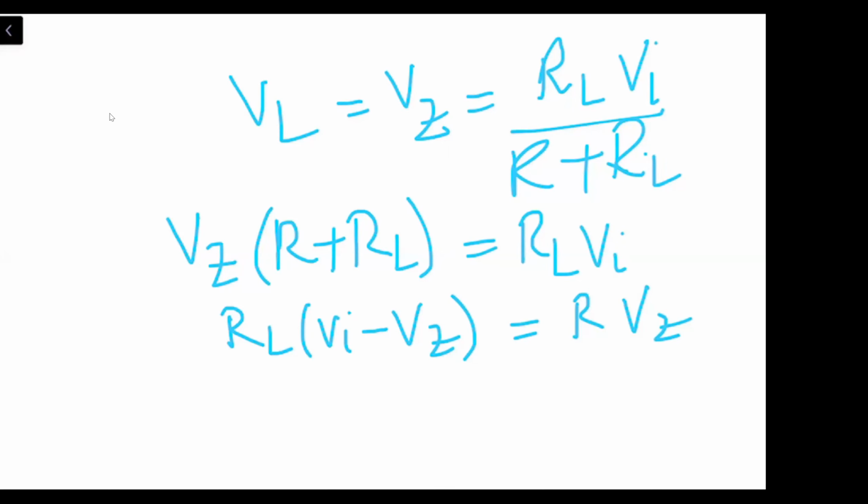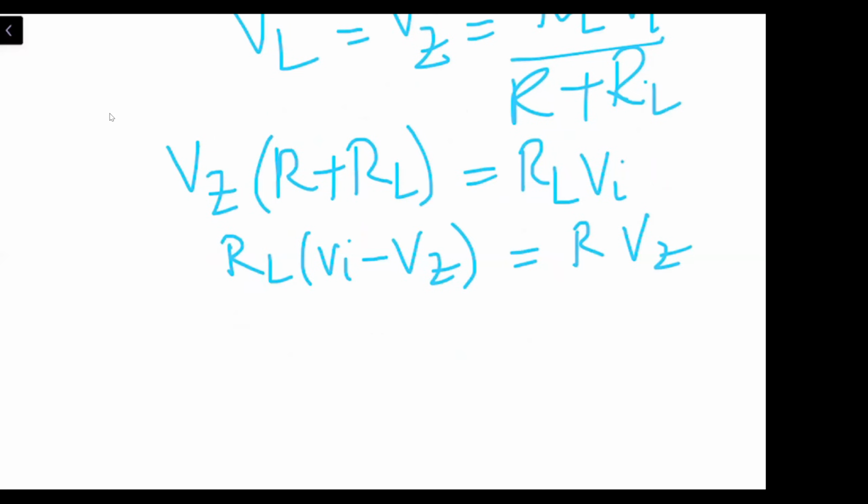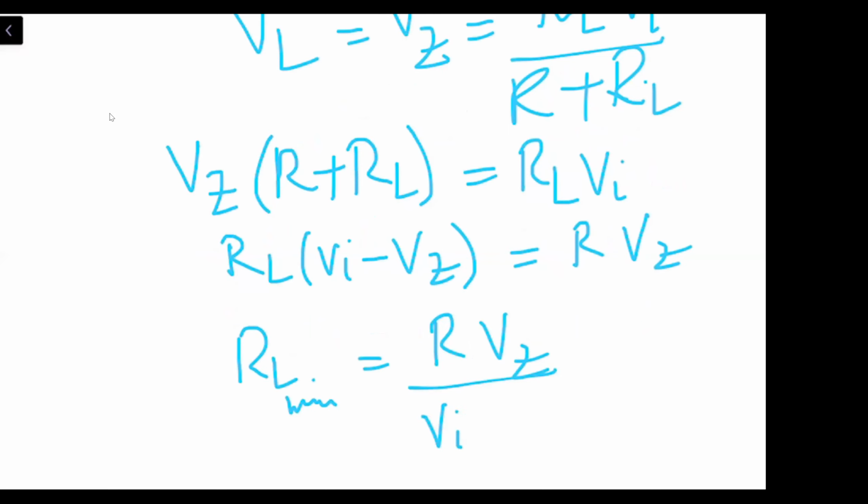And now we are playing with the values, and to find the minimum value of RL, what we can write, RL minimum should be equal to R into Vz divided by Vi minus Vz, right?